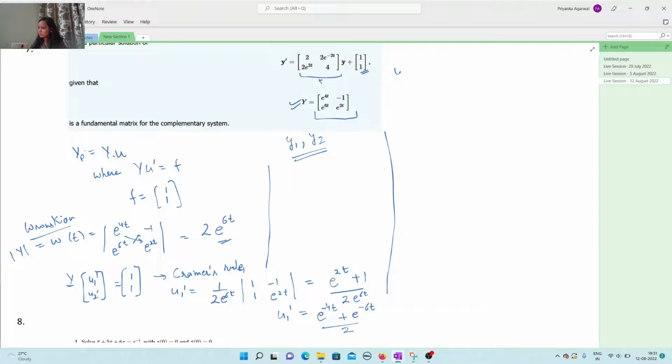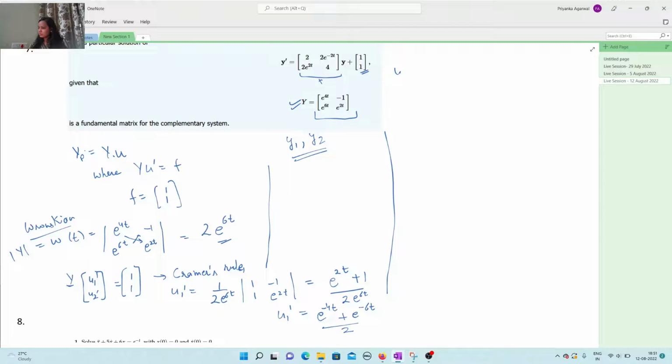So here we can put it in as this. And we know that the particular solution is y into u.